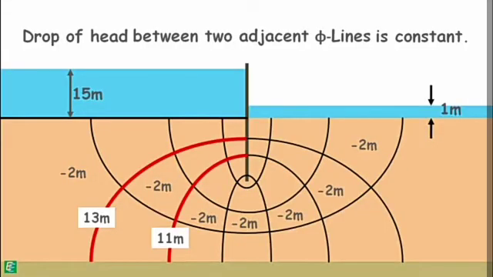The drop of head between two adjacent equipotential lines is constant. It means if the head at the first equipotential line is 15 meters and after passing one equipotential line the head drops by 2 meters, then each drop of head should also be 2 meters, and so on until the last equipotential line, as you can see in the diagram.